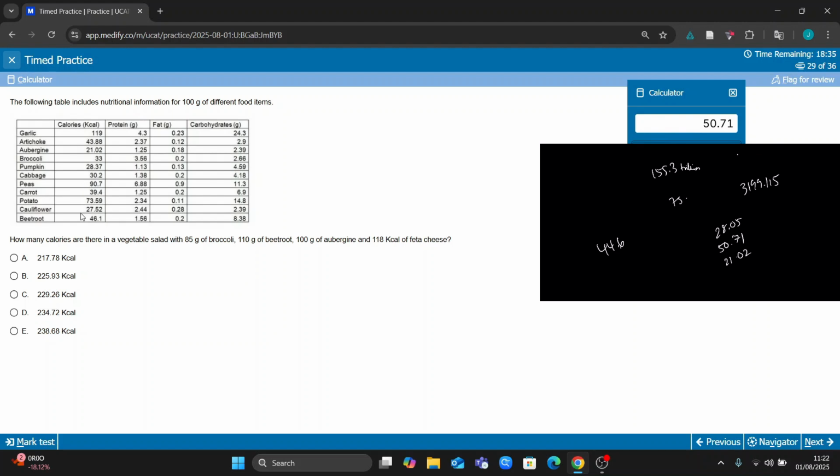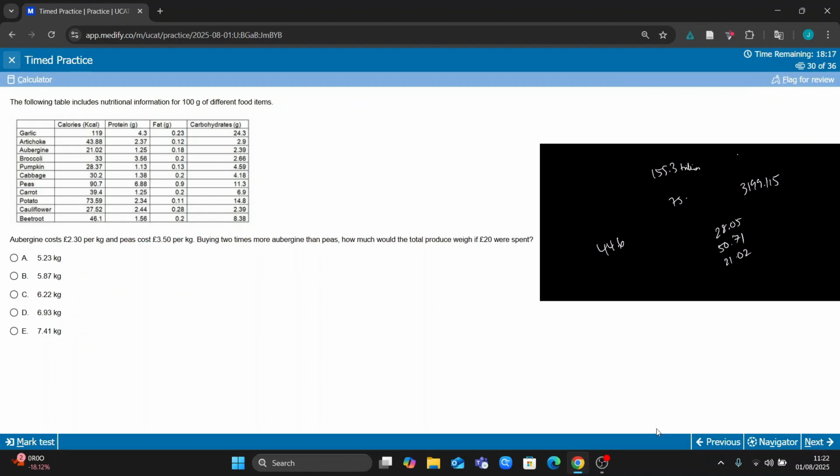I'm not seeing the cheese. 28.05 plus, oh, because it tells us it's that many calories, plus 118, 217.78. Oh, did I not answer that last one?